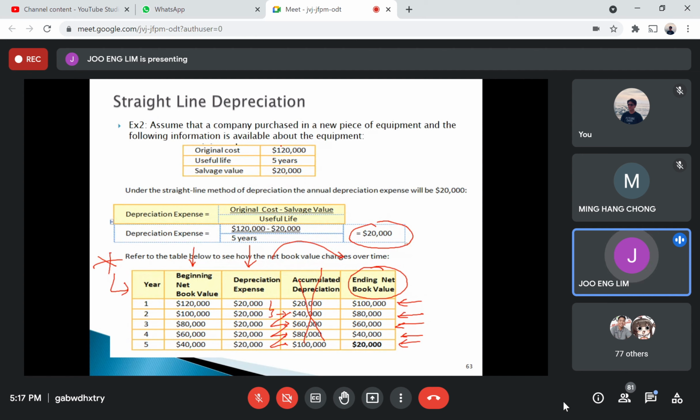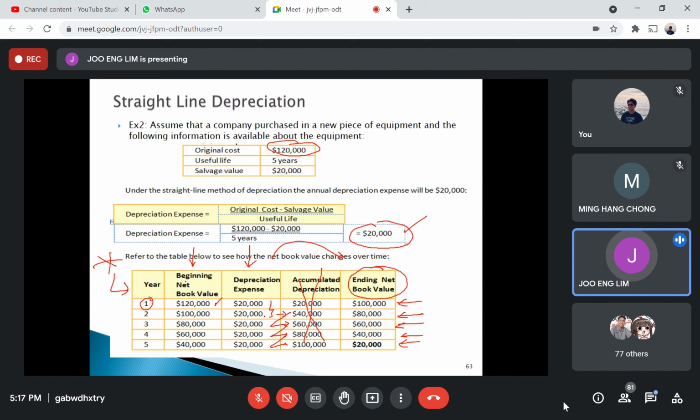So you start with 120K. When you buy the machine, the accounting book value is 120K. Over 1 year, it will be depreciated by 20K, so the ending book value at year 1, this is beginning, this is ending, will be 100K. So 100K becomes your next year's beginning book value. When you prepare the next year's accounting, your book value at that point is 100K.